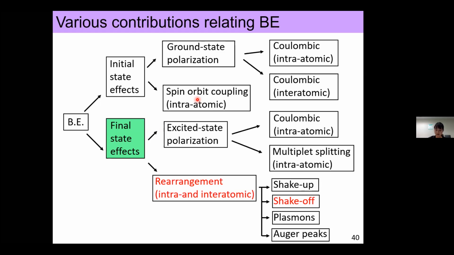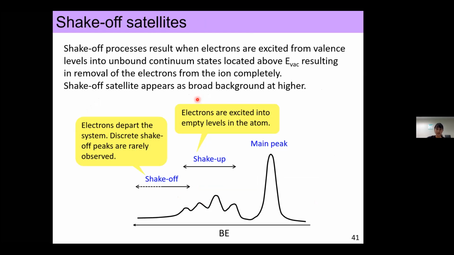So let's move on to the second one, shake-off satellite. The shake-off processes result when electrons are excited from valence levels into unbound continuum states located above the vacuum level, resulting in removal of the electrons from the ion completely.